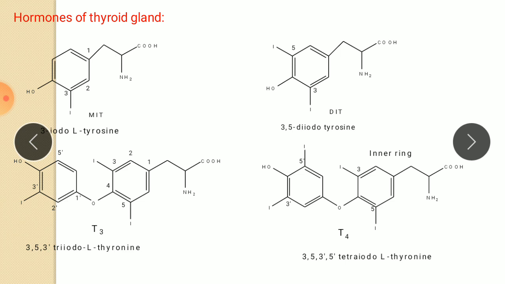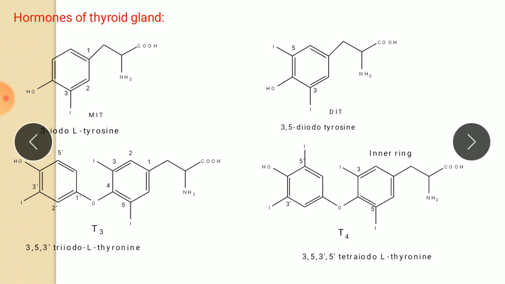of homeostasis. The first biologically active iodine-containing compound of thyroglobulin was isolated from thyroid extract and named L-thyroxine, also called T4.